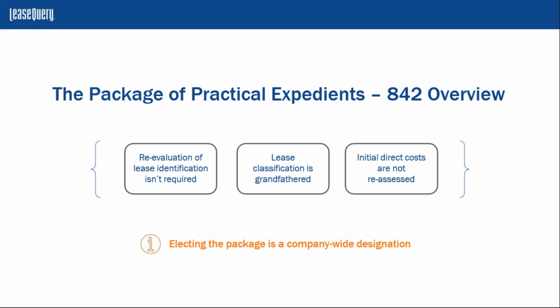Now, the second one is really the same thing, but with lease classification. That would be the operating versus capital designation. There are two specific changes to that criteria as you move into 842. 842 does not require organizations to calculate 75% of the lease term versus the useful life and 90% of the fair value.